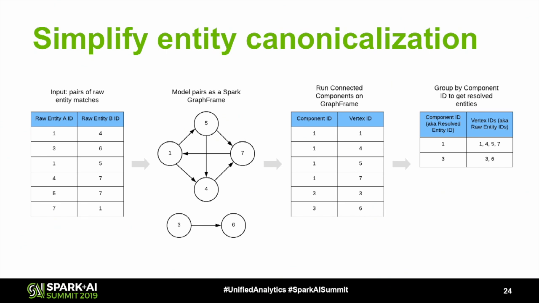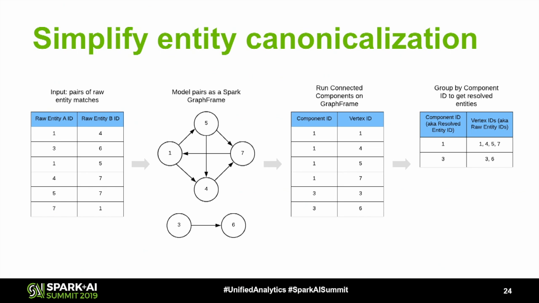So really just two different, what I'll call transactional entities, that we said are the same as after using our classification algorithm. And what we want to do is end up with an aggregated resolved entity, which is on the right. And the way we can do that is first modeling our matching same-as pairs as a Spark GraphFrame.